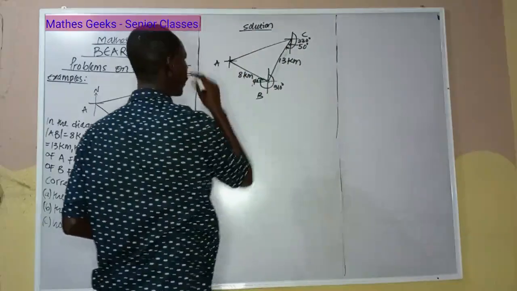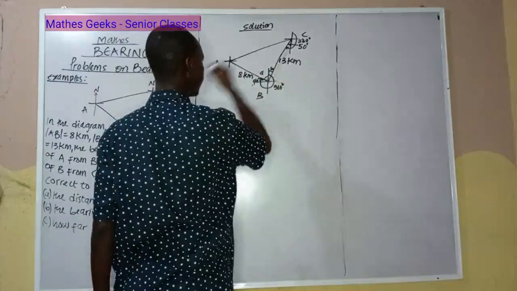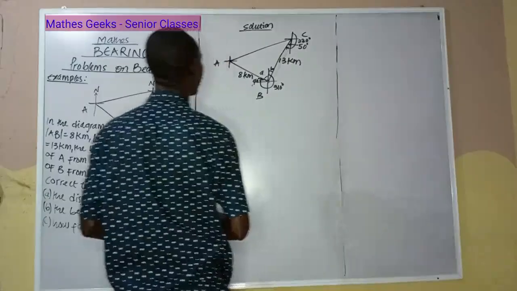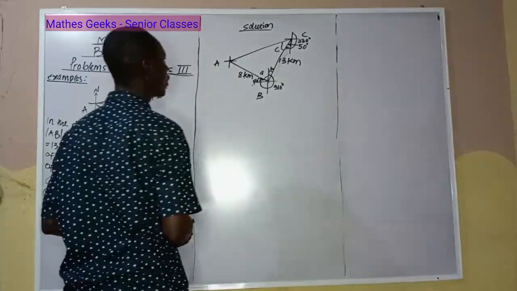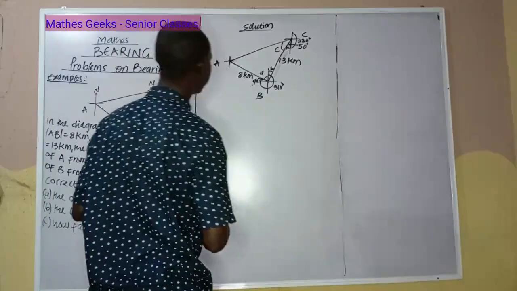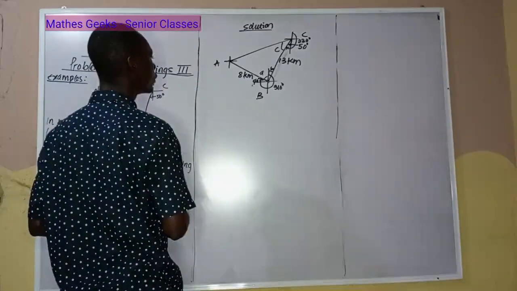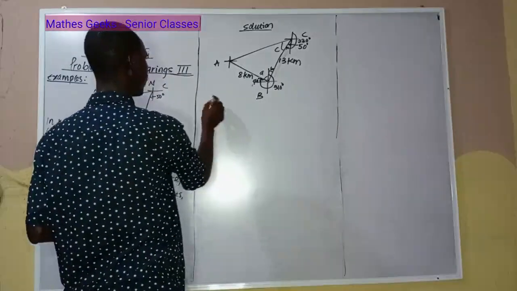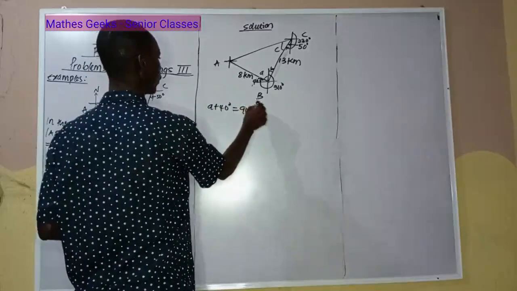So for this angle, let's call it A, and this one let's call it B. And let's call this angle C. Alright, so our A will give us A plus 40 degrees equal to 90 degrees. Why?